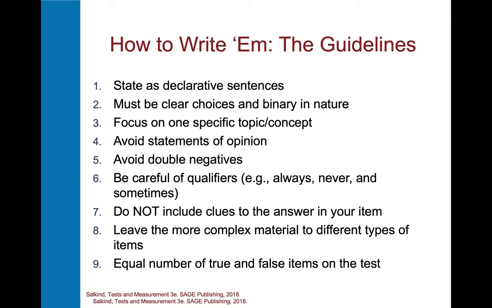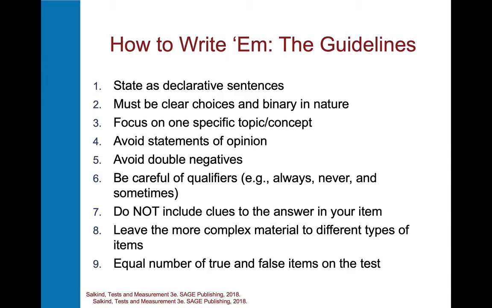An interesting finding mentioned in your textbook was a study done by Lee Cronbach, which may ring a bell because back in one of the chapters on reliability, you talked about Cronbach's alpha. Well, Lee Cronbach was the researcher who came up with that measurement. He did a study in 1950 where he found that when students don't have a clue as to what the right choice is on a true or false item, they will most often go with true.